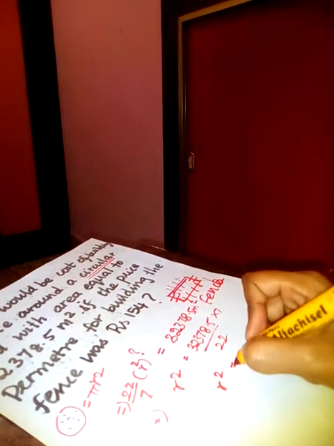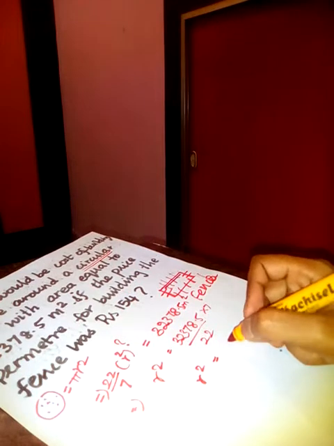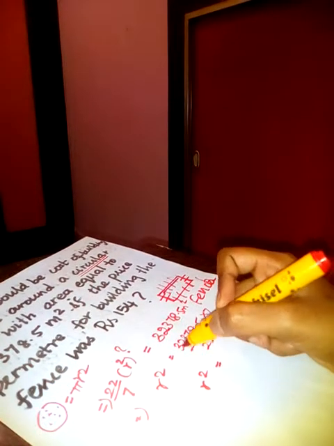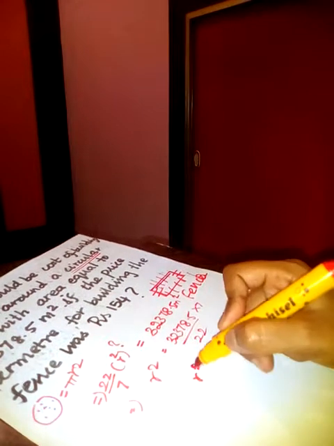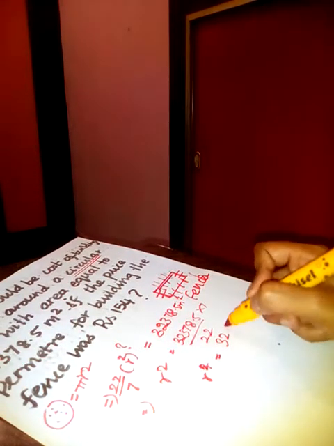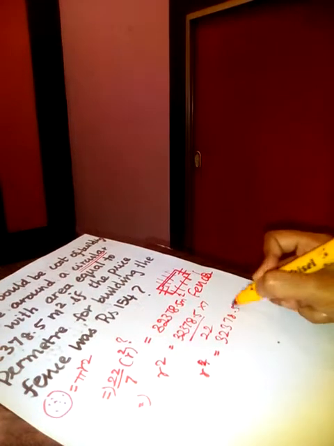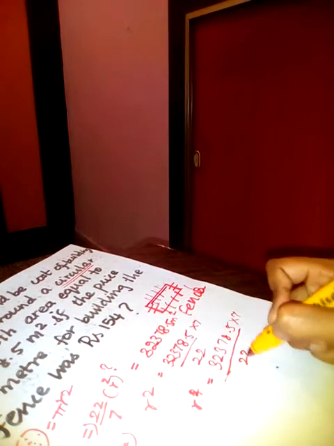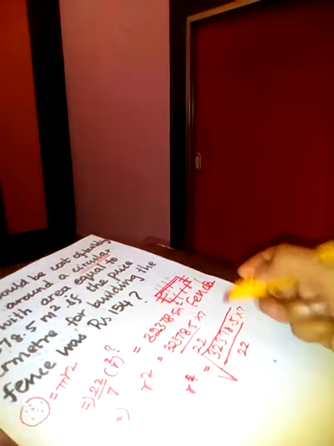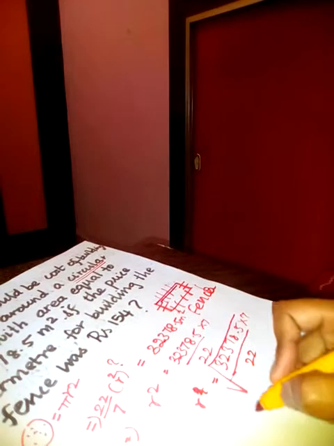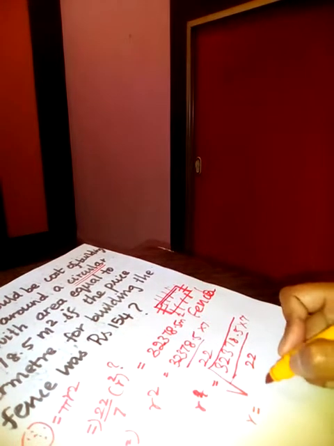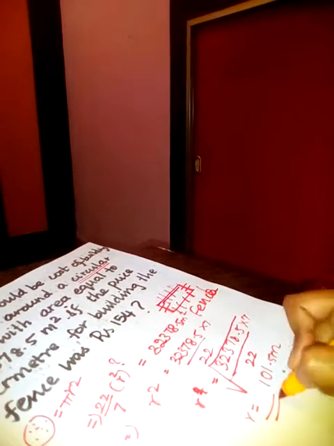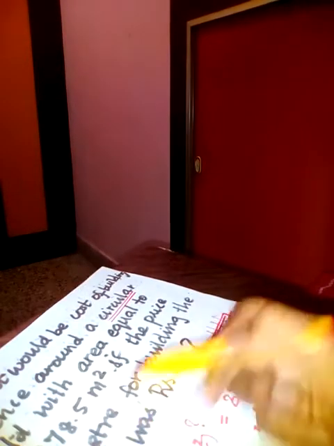On simplifying this we will be getting the square will become root. We found the radius.